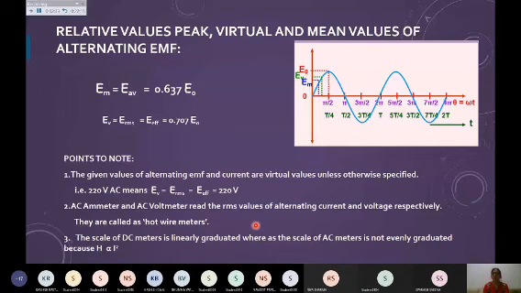And we have even seen that DC ammeters or voltmeters are obtained by converting galvanometers, so these are linearly graduated. But if you go with AC ammeters, you will see that they are not evenly graduated, because they work on the basis of heat, and heat is directly proportional to I square. So these are designed in a way that you are able to get the correct value of AC.